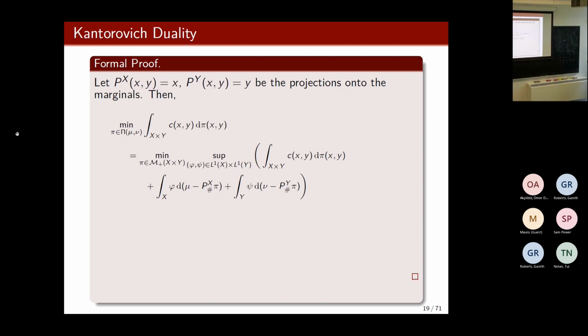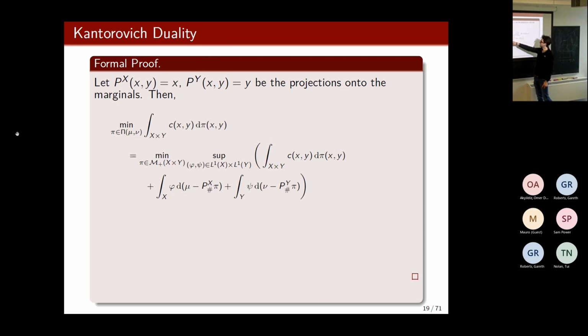We can instead take the minimum over all pi's, just positive probability measures on the space X times Y, and put the constraints into the objective. We're taking the supremum over phi and psi.